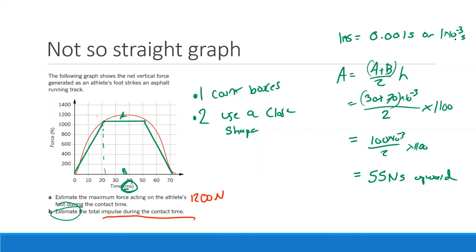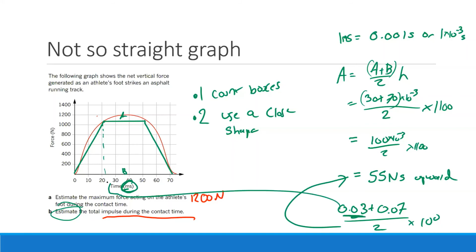The other way you could do it is 0.03 plus 0.07, divided by 2, times 1,100. That will get you the same answer. We use 0.03 because it's 30 milliseconds. It's a different way to do the same question.